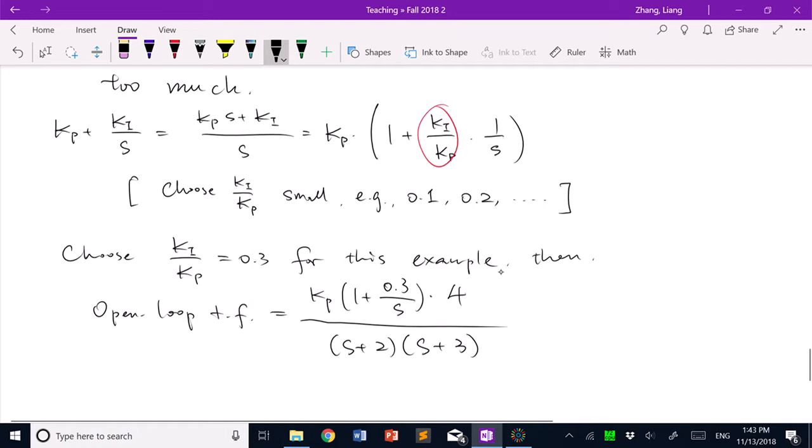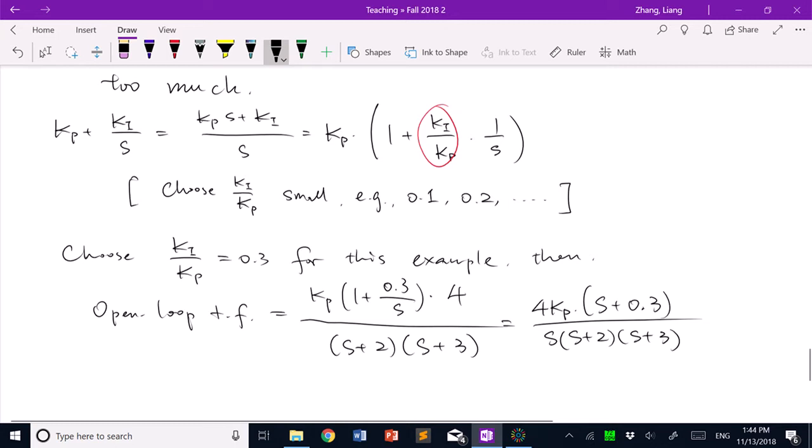And we can reorganize the term. Right, you have this integral term s, so we can move it down. So it'll be s plus 2, s plus 3. And then on top you have 4K times s plus 0.3.